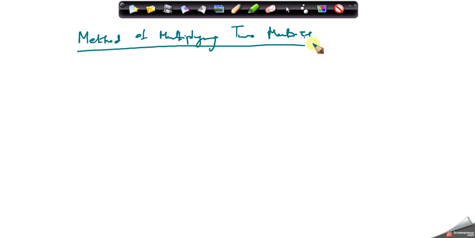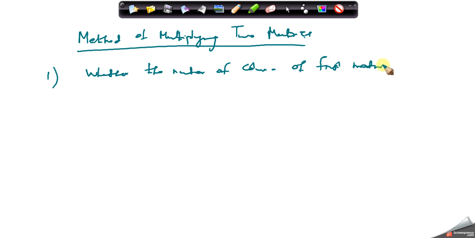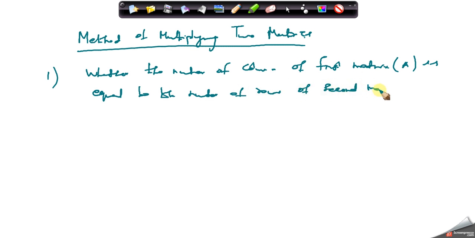The first and foremost step is that we need to find out whether the number of columns of the first matrix, let us assume A in this case, is equal to the number of rows of the second matrix. Then only we can say AB is defined in this case. Otherwise, AB is not able to be defined.